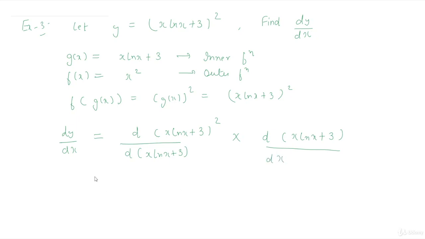Now, as from our previous examples, we know that differentiation of x square with respect to x is 2x. So similarly, the differentiation of this will be 2 times x ln x plus 3.